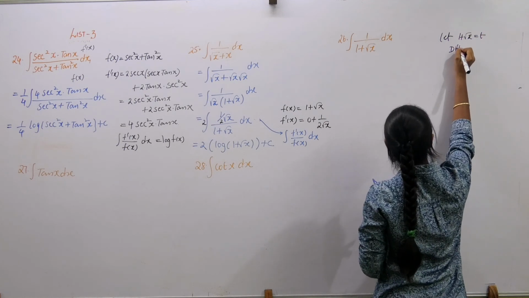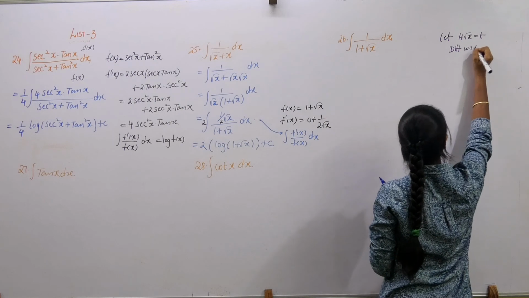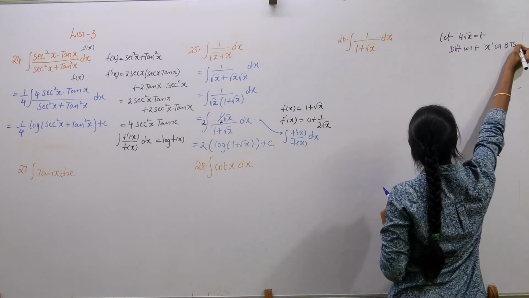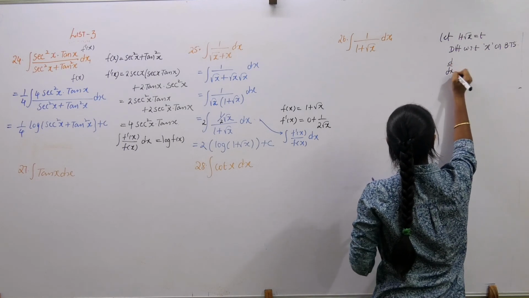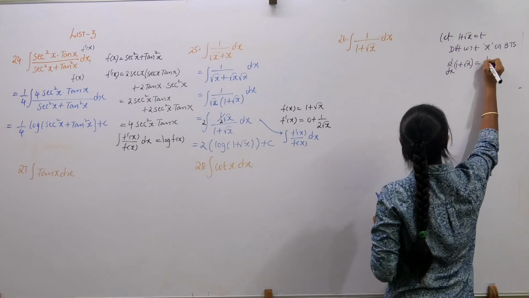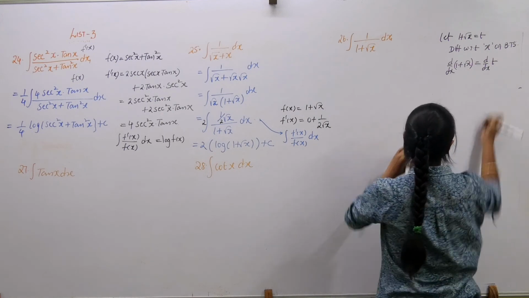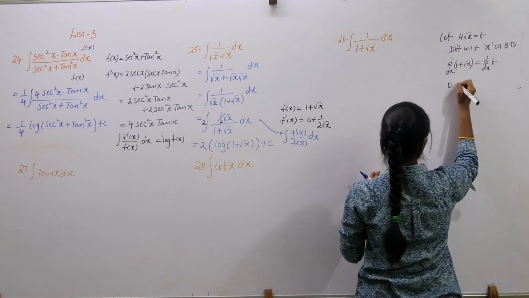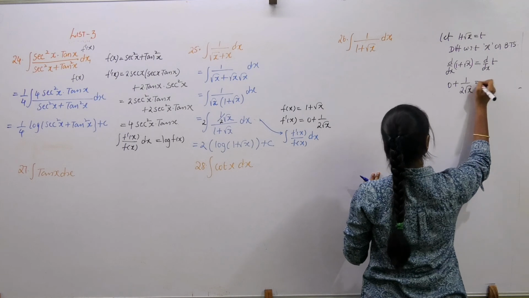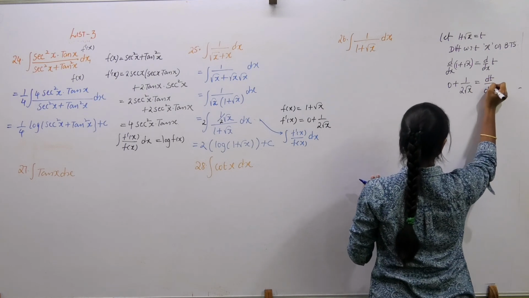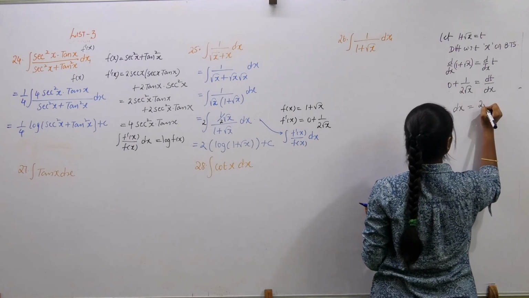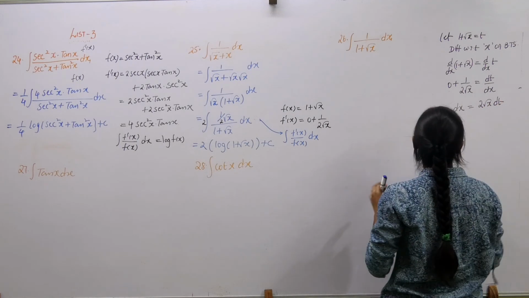Now, differentiating with respect to x on both the sides, d by dx of 1 plus root x is equal to d by dx of t. d by dx of 1 constant is 0, d by dx of root x is 1 by 2 root x. It is equal to dt by dx. From here, dx is equal to 2 root x dt.